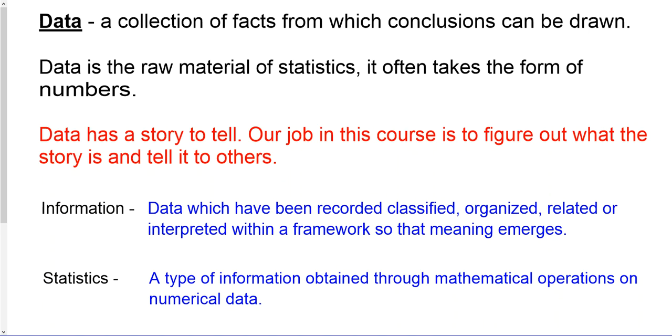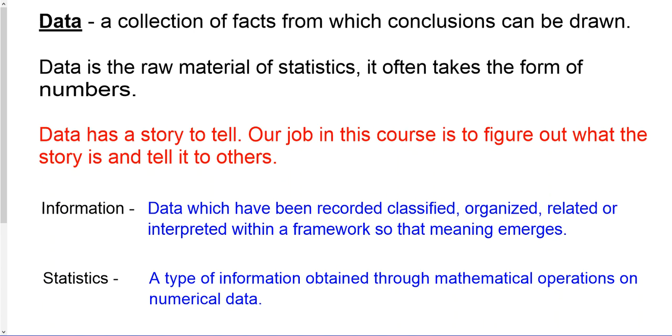data. And what do we mean by information? Well, information is data which has been recorded, classified, organized, related, or interpreted within a framework so that meaning emerges. So we start with data, which in many cases is just a big collection of numbers.